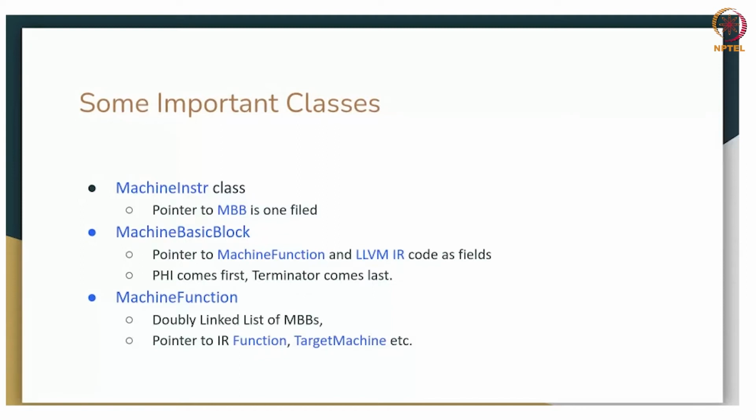Then there is the pointer to the machine function. PHI comes as the first instruction, and terminator instructions like branch or return instructions come as the last instruction in the machine basic block.